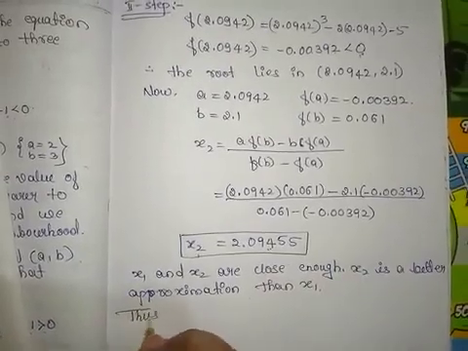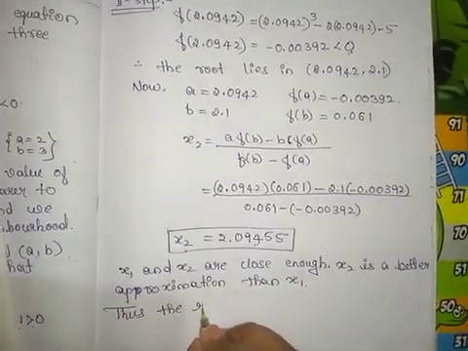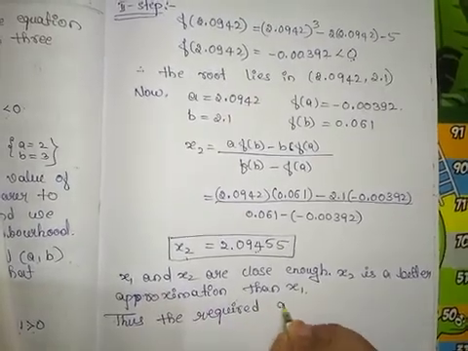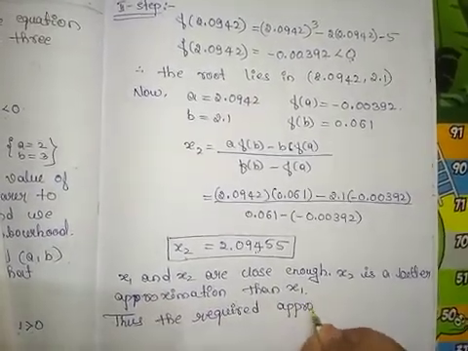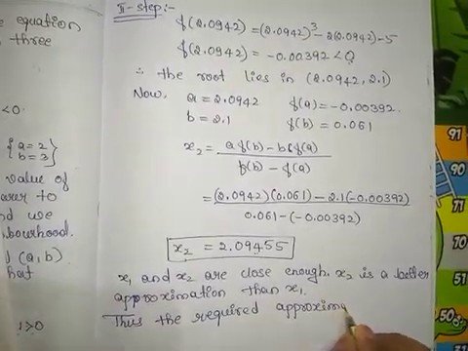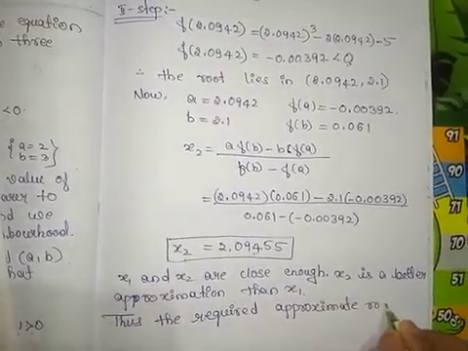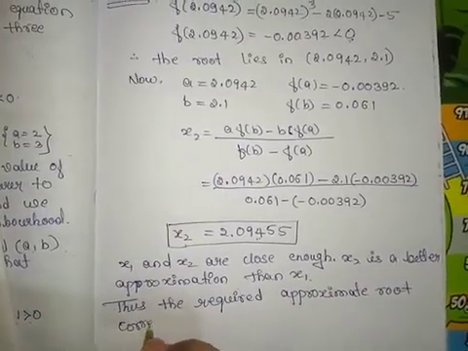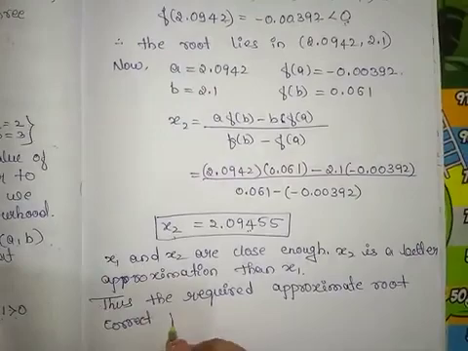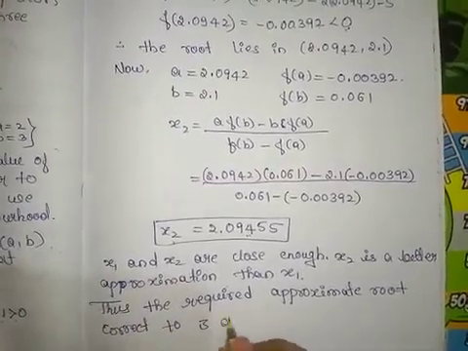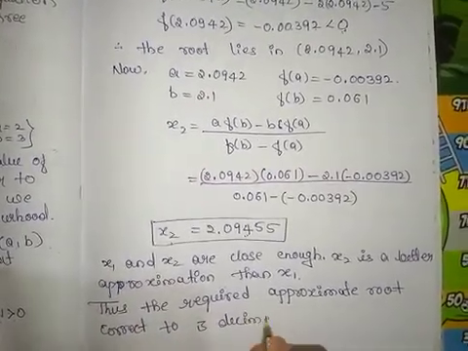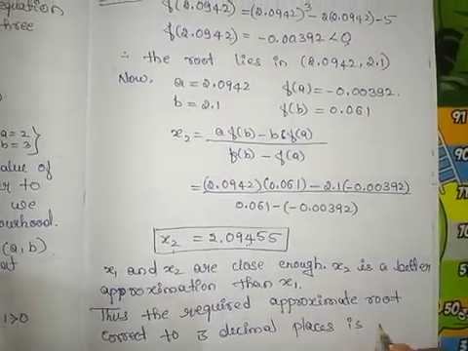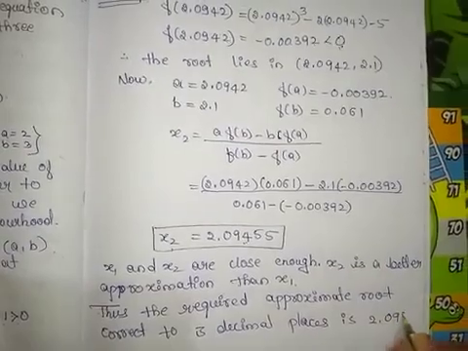Thus the required approximate root correct to 3 decimal places is 2.095.